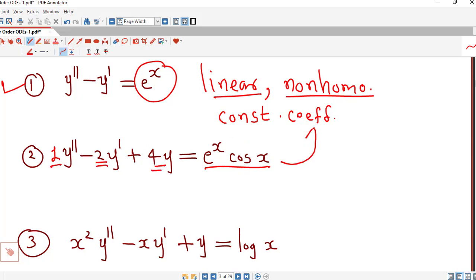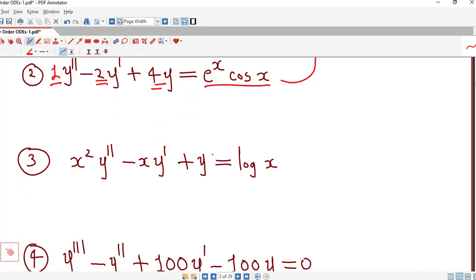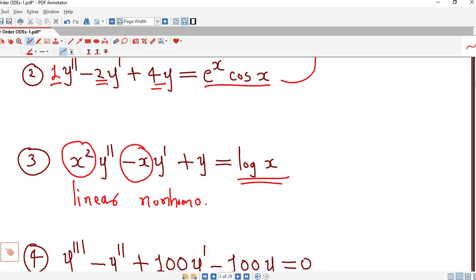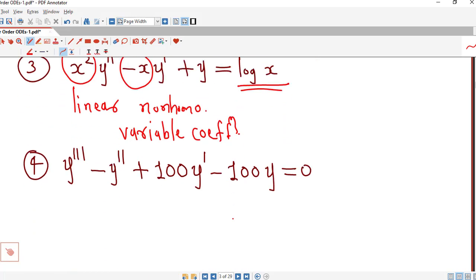So this is also a non-homogeneous linear differential equation with constant coefficients. Here also the right hand side is non-zero, the equation is linear, it is non-homogeneous, but here the coefficients are not all constants, these two are variables. So it is a non-homogeneous linear differential equation with variable coefficients.